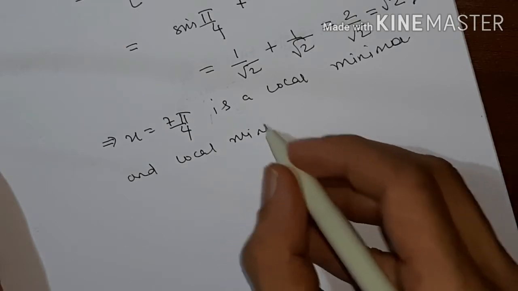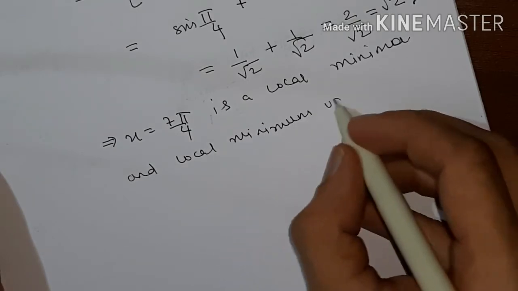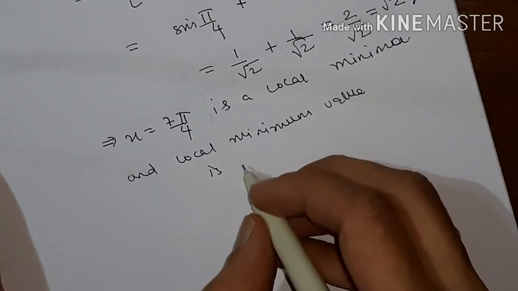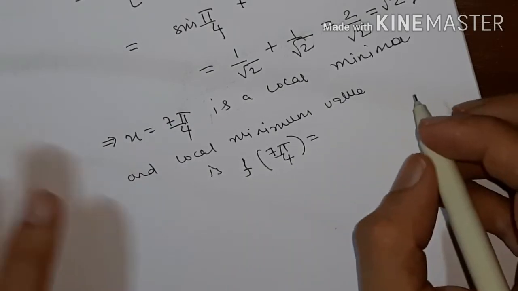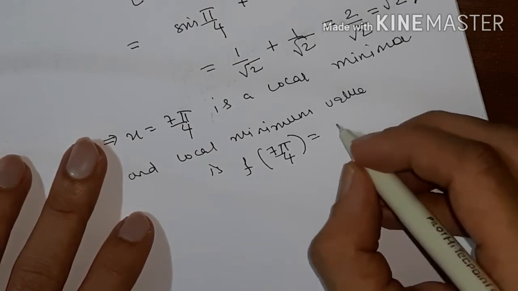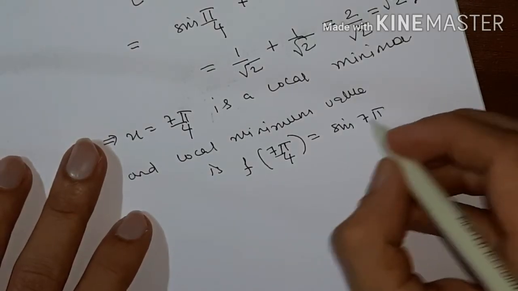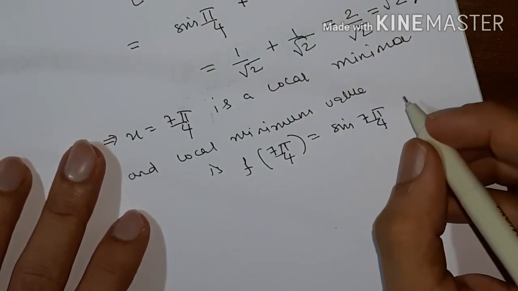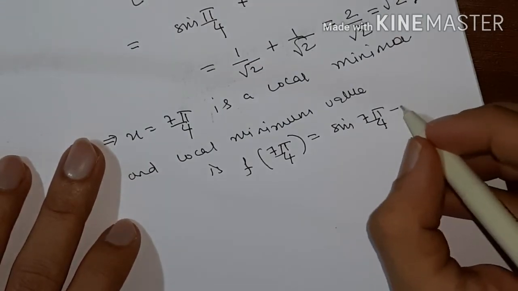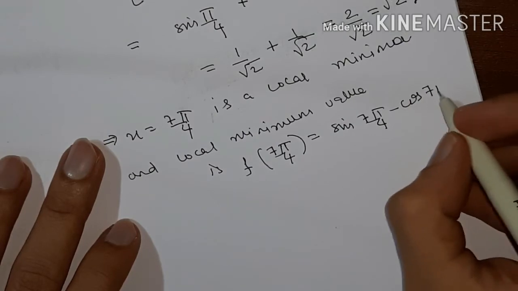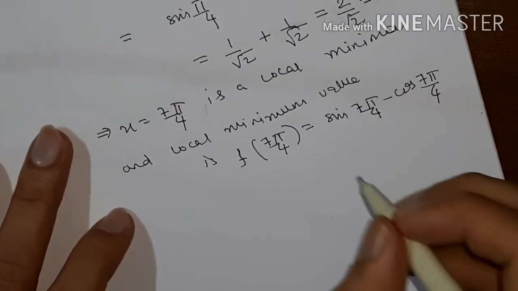Therefore the local minimum value is f of 7 pi by 4, which is equal to sine of 7 pi by 4 minus cos 7 pi by 4, because the definition of the function is sin x minus cos x.